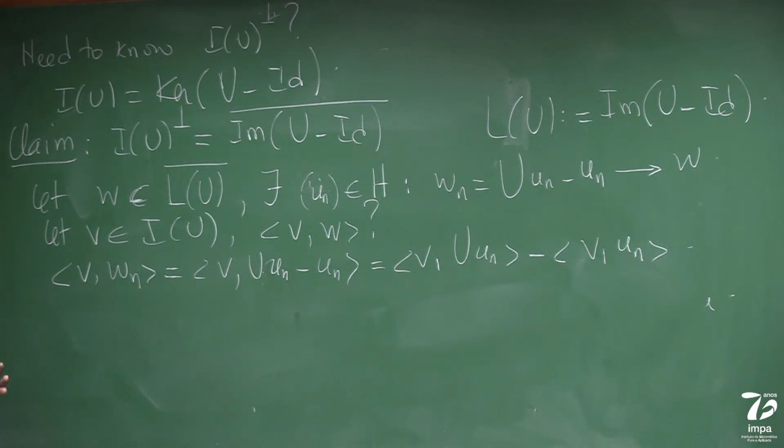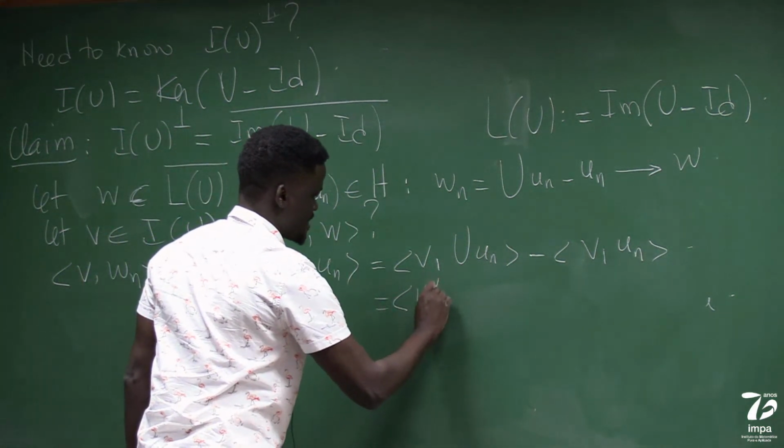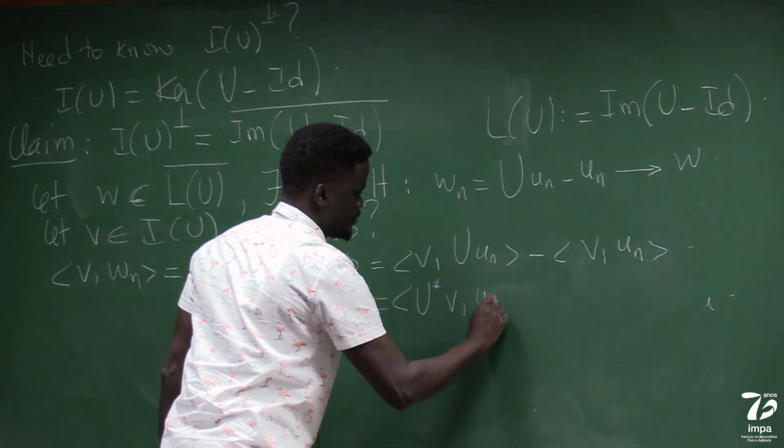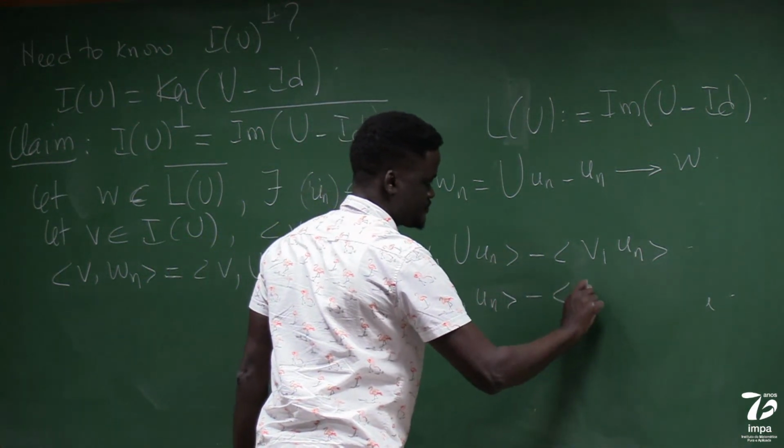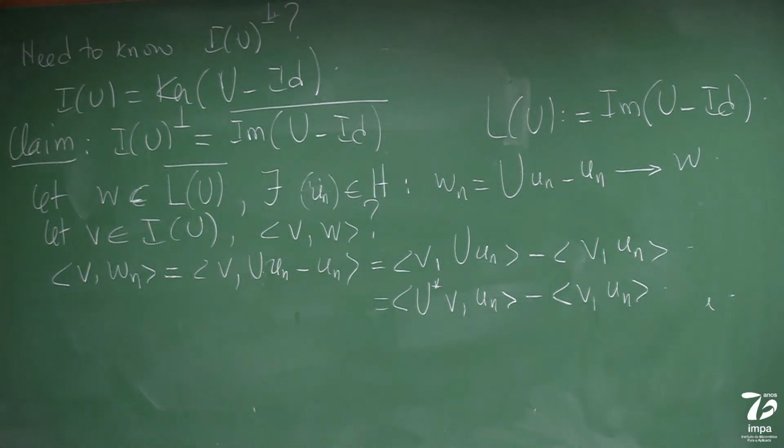Here we are going to use the property of U being an isometry and v belonging to I_U. First of all, you can write this as <U* v, u_n> minus <v, u_n>.